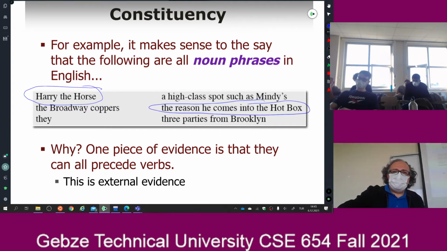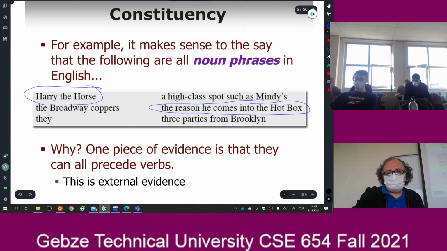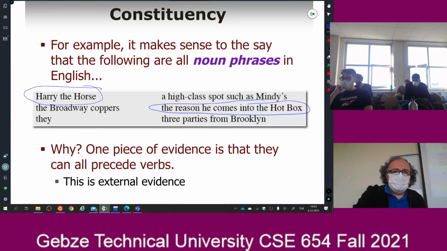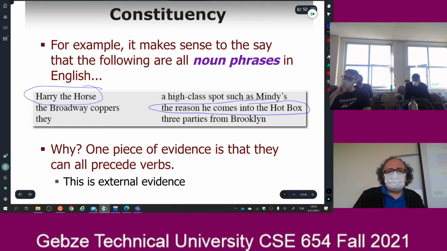So why do we call them noun phrases? Because I can put any of them before a verb, right? Harry the horse is fast. They are welcome.